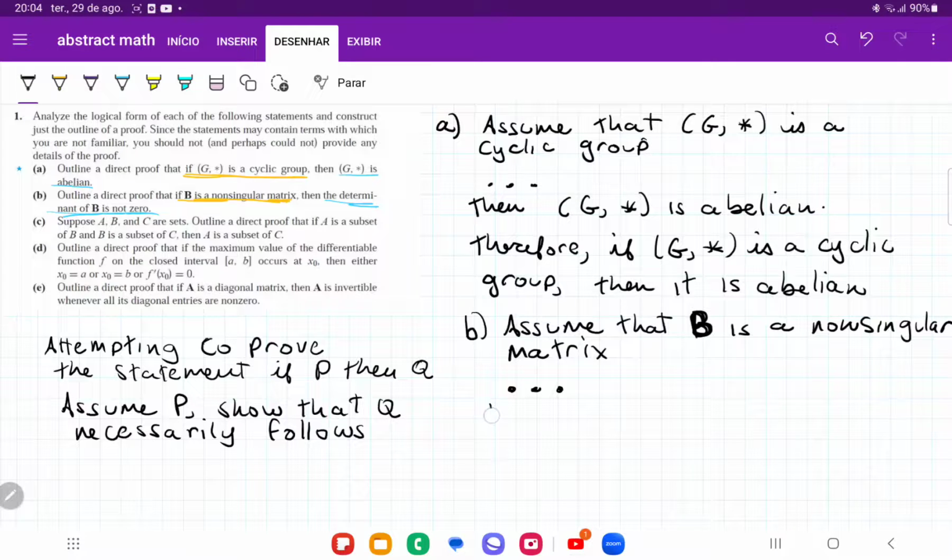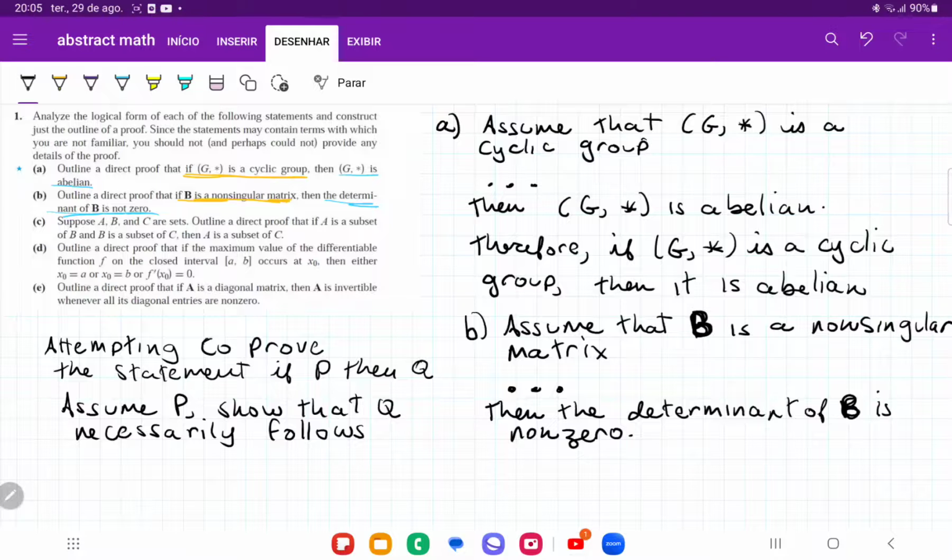So we would have to show then the determinant of B is non-zero.